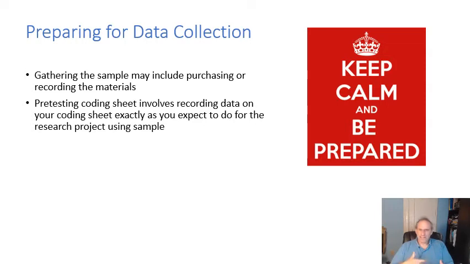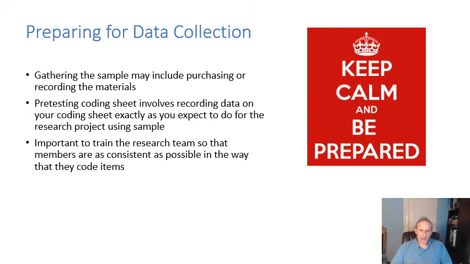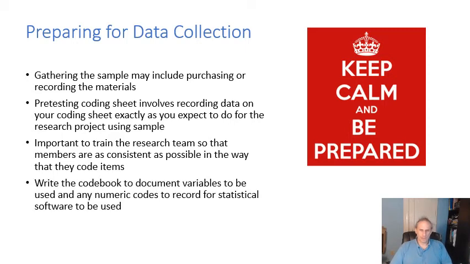You're going to have some kind of pre-test coding sheet, recording the data exactly as you expect to do it for the broader research project sample, in order to make sure that whatever coding you're using seems to work and is consistent. You want to train your research team so that all the members are being as consistent as possible, coding in the exact same way. If there are the same materials, they should code them the same way.